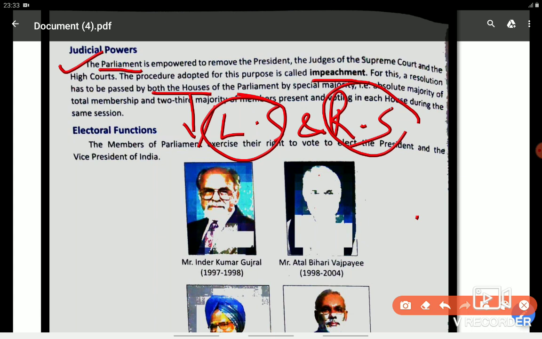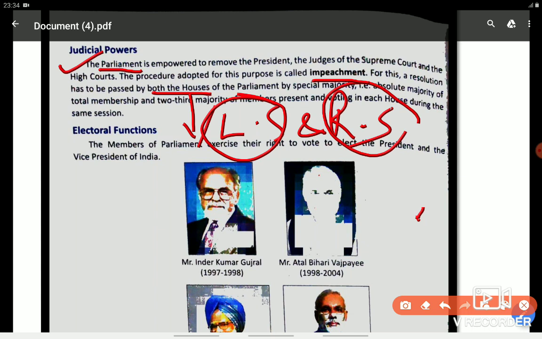It has to be passed by special majority, under which there are 2 cases: one is absolute majority of the total membership, and the other is 2/3 of the members present and voting. In the same way in Rajya Sabha this will be adopted, and if it is passed by both houses in the same session, then regarding the impeachment process, whether it is for the removal of the president or for the judges of the Supreme Court or High Court, that person will be removed.